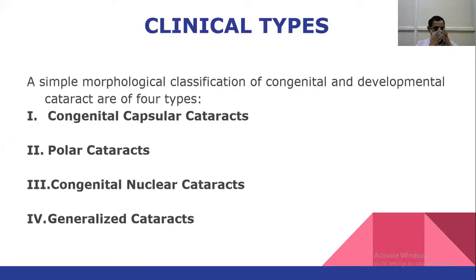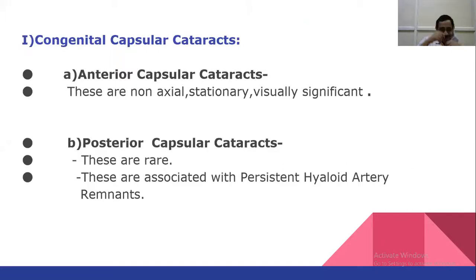Clinical types. The morphological classification of congenital and developmental cataracts is of four types. First one is congenital capsular cataracts, next polar cataracts, congenital nuclear cataracts, and generalized cataracts. Congenital capsular cataracts. As we all know, the lens consists of two capsules, anterior capsule and posterior capsule.